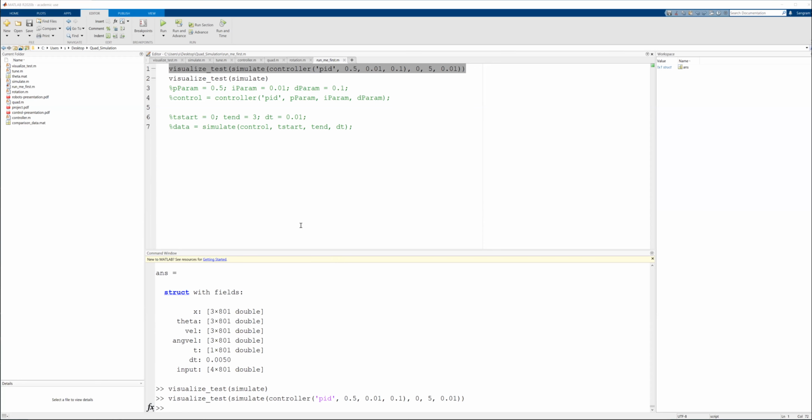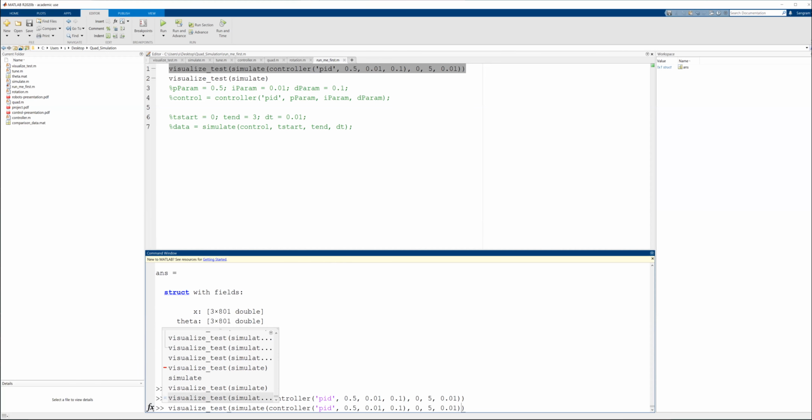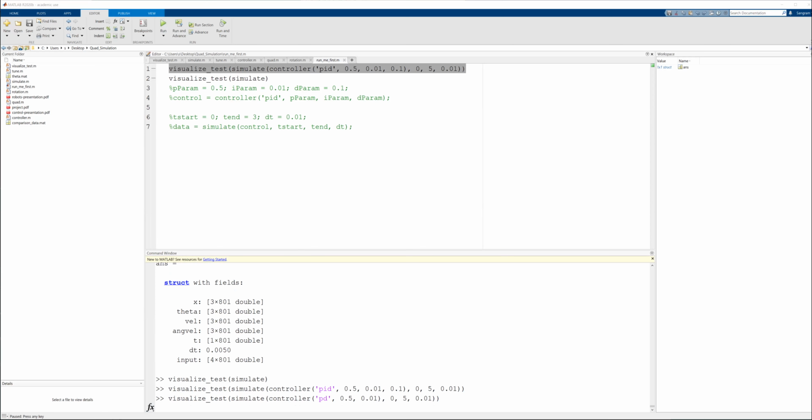You are welcome to just run that with PD control. So you just need to supply two inputs. You can just say PD. And then press the button and see if just PD control is any better.